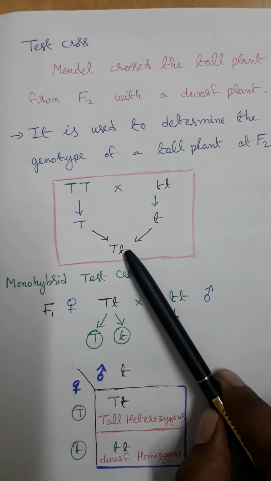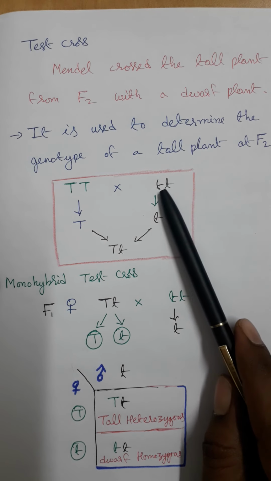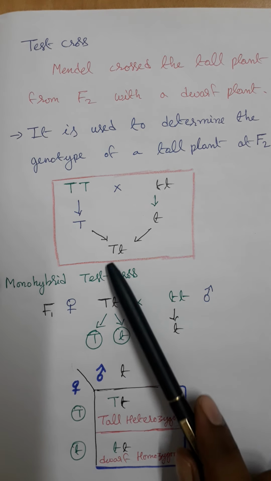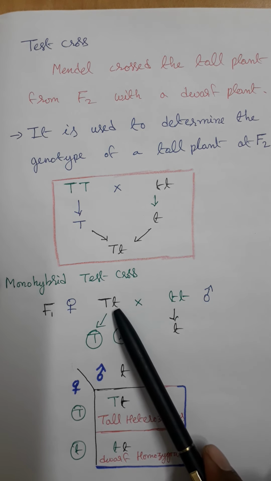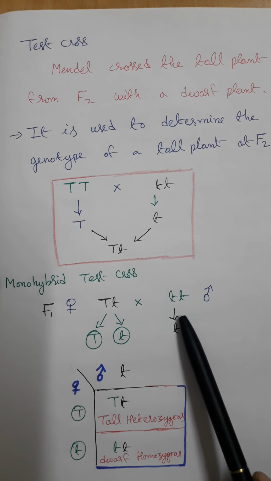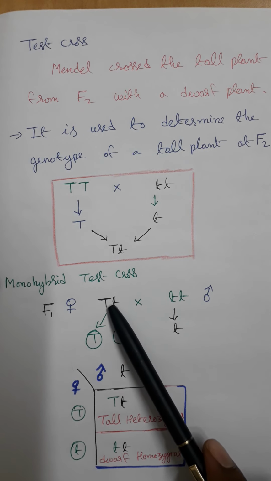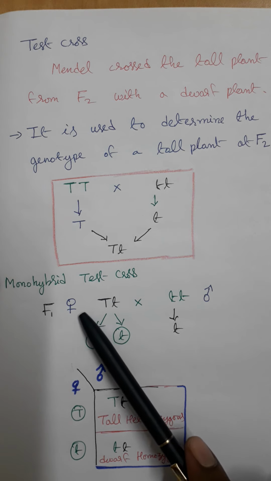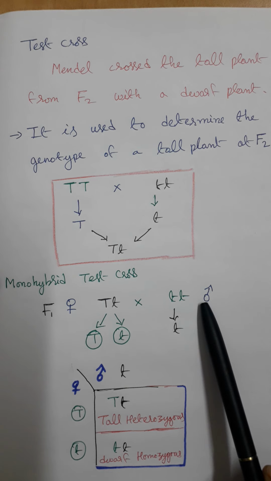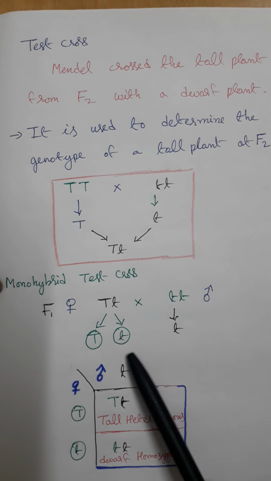So here the F1 generation plants crossed with the recessive parental plant is a test cross. In the monohybrid test cross, the F1 progeny genotype is capital T small t. The dwarf or recessive parental plant is small t small t. Here the plant with genotype capital T small t is considered the female, and the plant containing small t is considered the male parental plant.